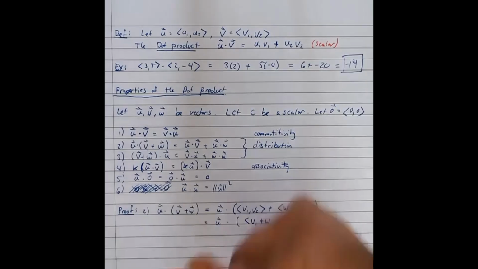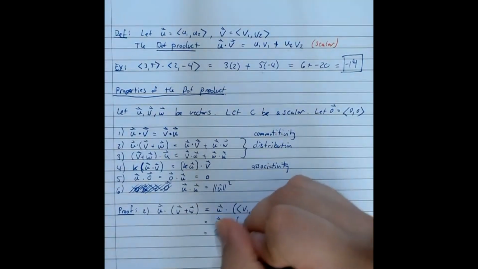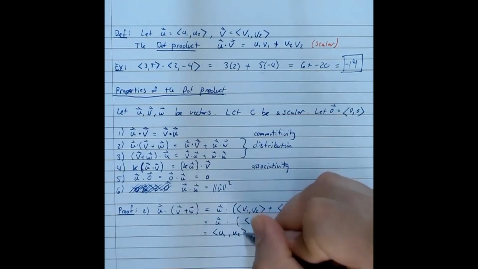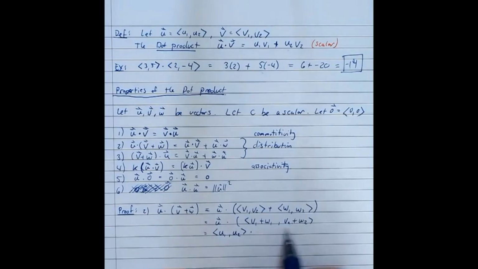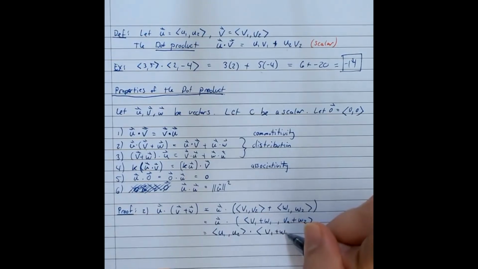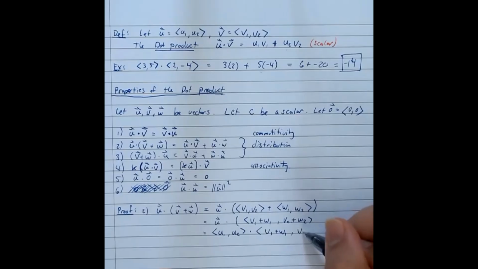Okay. Oh, but now the vector U can be written as (U1, U2), and now that's going to be dotted with this. Here I've already added them, so now let me move on to the dot product. That's going to be (V1 plus W1, V2 plus W2).